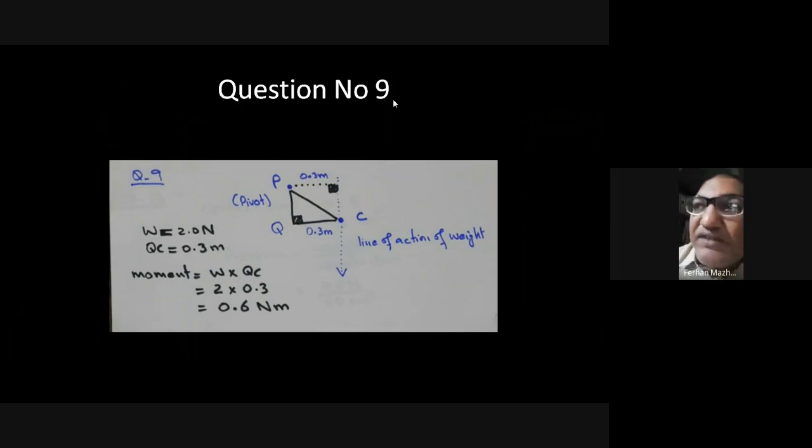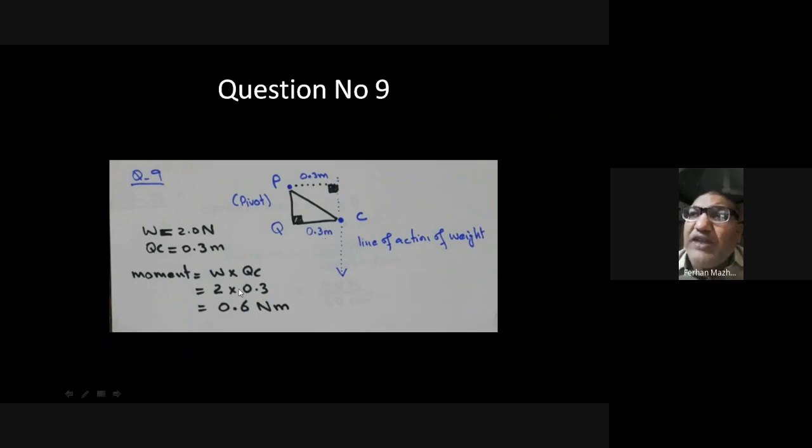The line of action of the weight is this, and its perpendicular distance from the pivot is this, and this will be equal to QC. That's the perpendicular distance between the pivot and the line of action of the weight, which is 0.3 meter.